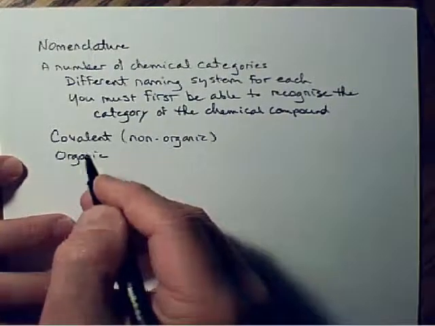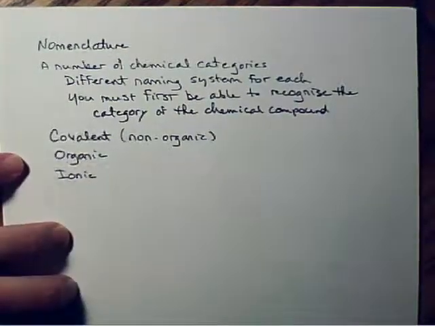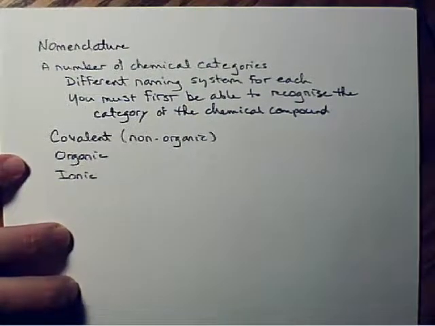Okay. Then we have ionic compounds. And I guess depending on your definition, there's about 3 different naming systems in that. It's really just you have to categorize certain parts of the ionic compound to figure out how to name it. I like to think of it as one naming system, but you might like to think of it as more than one.